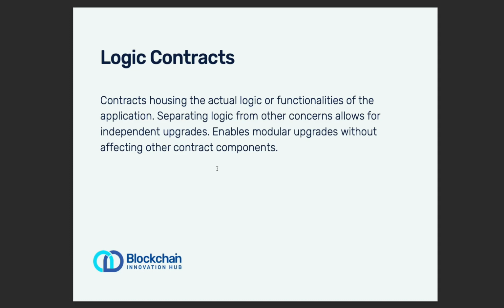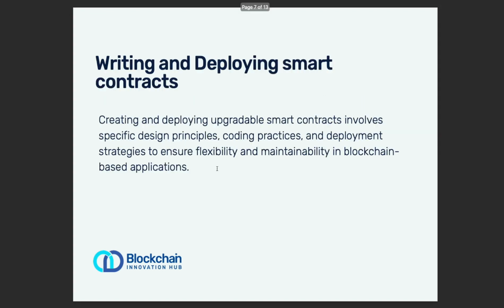I believe at this point you understand what logic contract means, the logic in writing a smart contract. In the control flow lesson we did last week, we explained how the flow of smart contracts works and how you can control the execution of code and the rest. So I believe you should understand what logic contracts mean at this point.